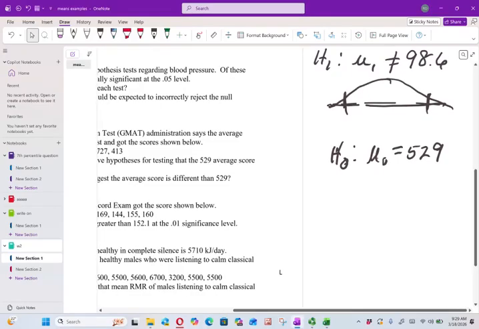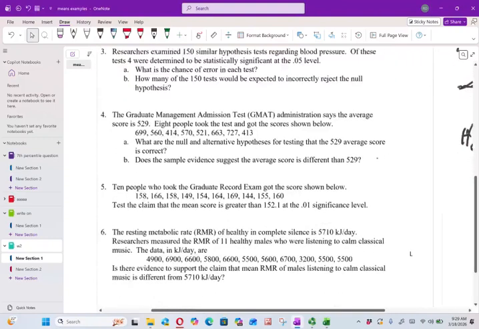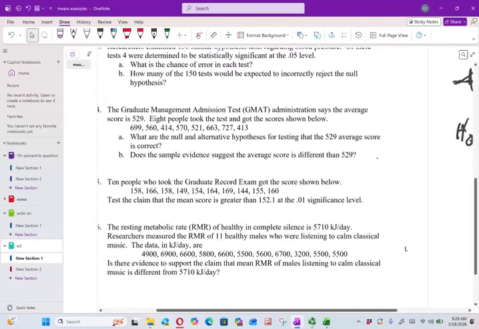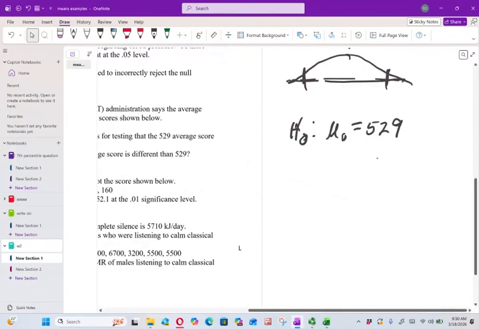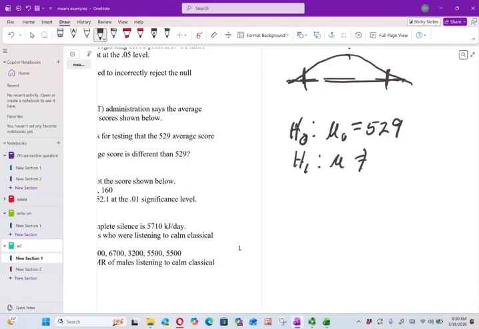What's the alternative hypothesis? That it's not 529. This is not always clear. Sometimes you've got to fight with the wording on this. Where are the rejection regions?